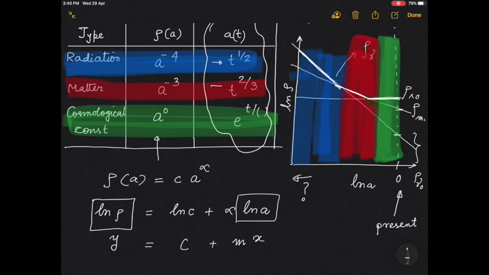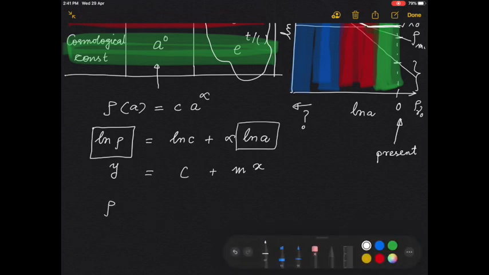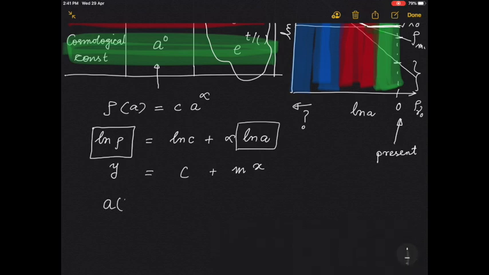Now I have the two power laws here, but I also have an exponential, and let's first check what happens to an exponential if I take log. So I have a of t, which goes as, say, some c times e to the t by t lambda.